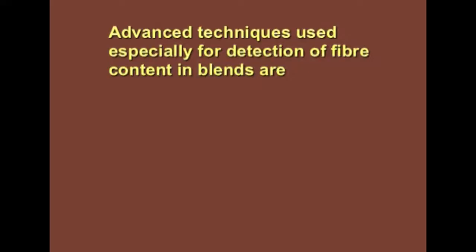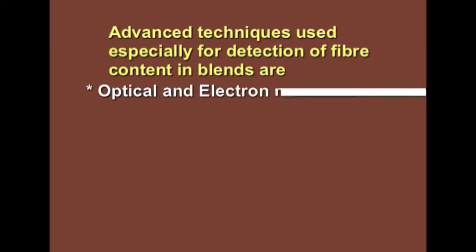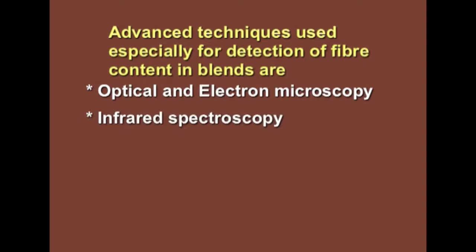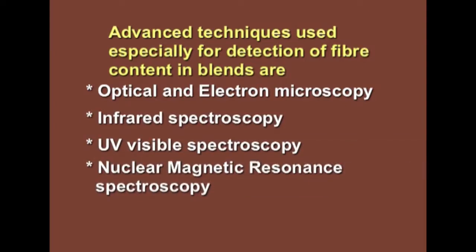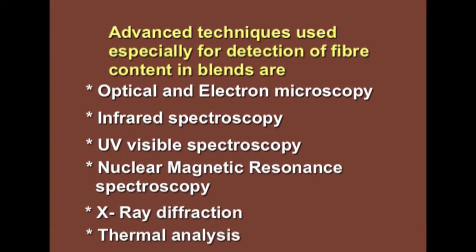Other advanced techniques used especially for detection of the fiber content in blends are optical and electron microscopy, infrared spectroscopy, UV visible spectroscopy, nuclear magnetic resonance spectroscopy, X-ray diffraction, and thermal analysis.